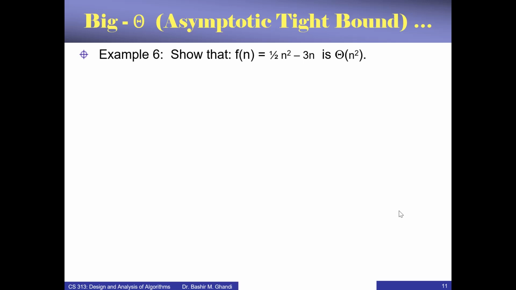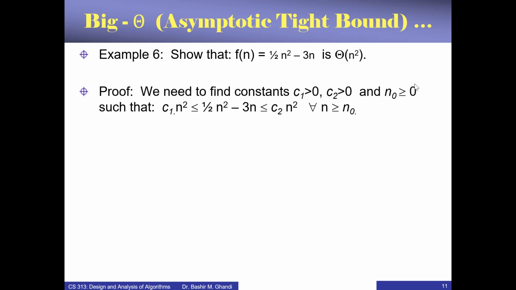Yet another example. This example is going to demonstrate another issue, which is when you have a fraction with the term that has the highest degree. So it says show that Fn is equal to half n squared minus 3n is also theta of n squared.